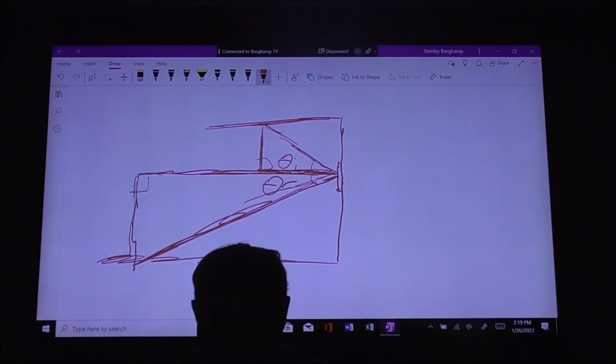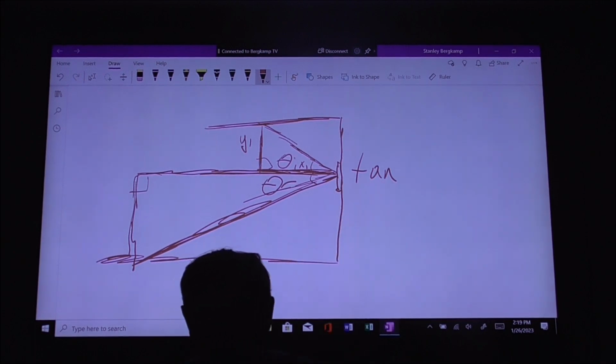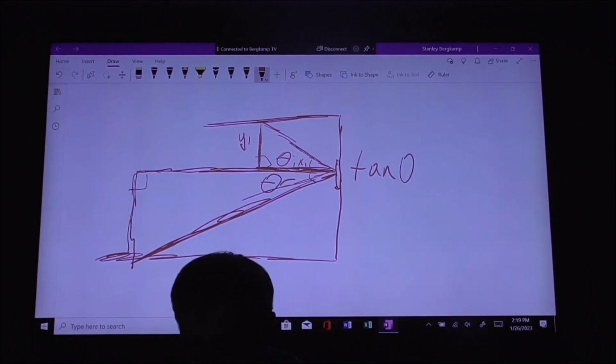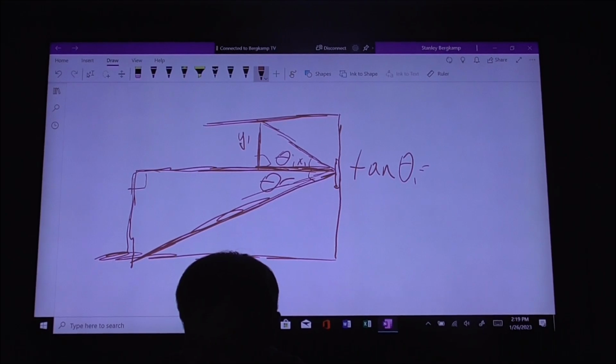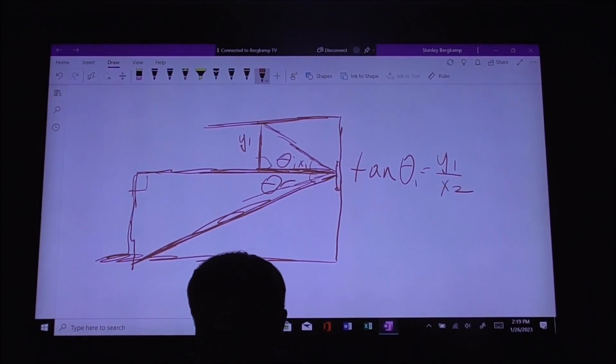If those two angles are the same, then in terms of tangent, if you call this y1 and this x1, the tangent of the angle of incidence is going to equal y1 over x1.